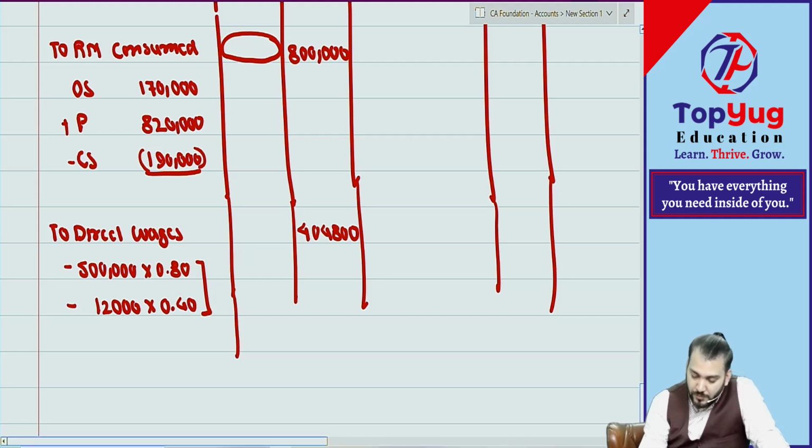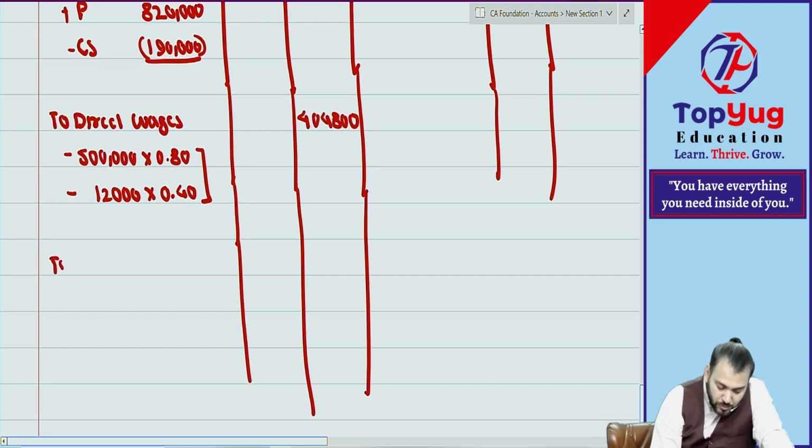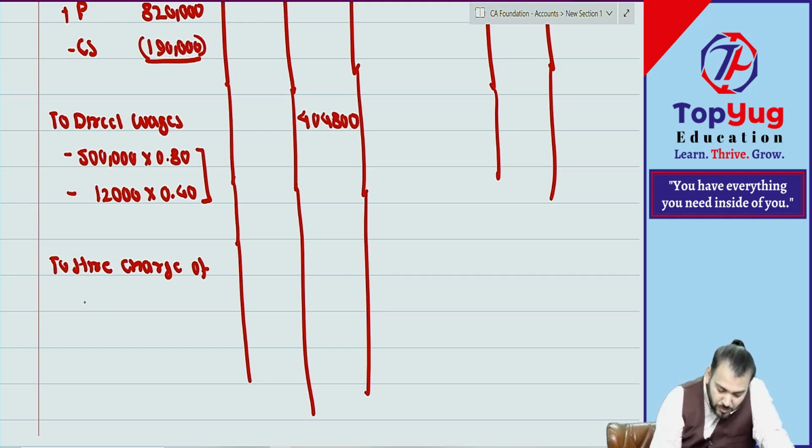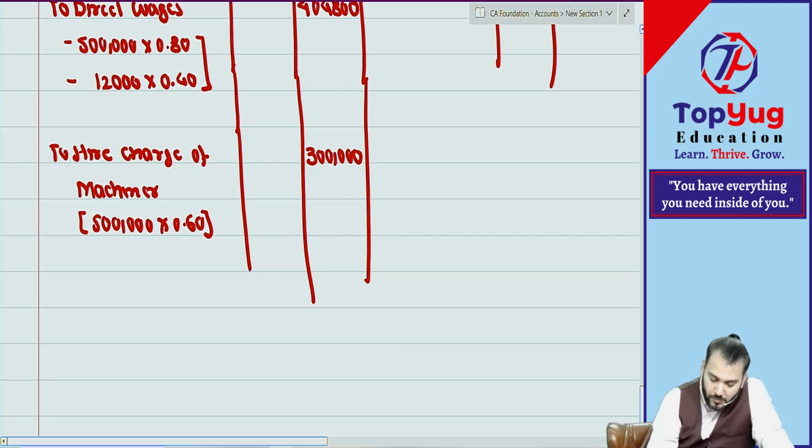Correct. What are the other expenses given? Hire charges of machine. Per unit manufactured, it will be 5 lakh into 0.60. How much? 3 lakhs. 3 lakhs written.